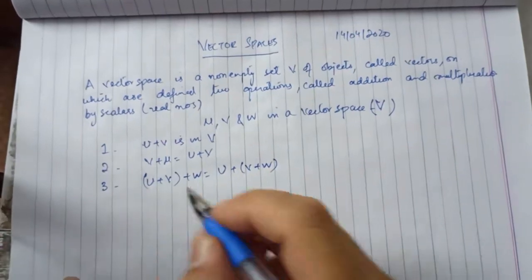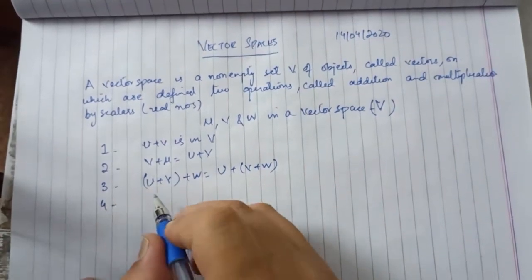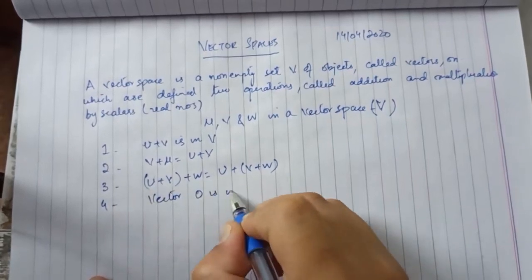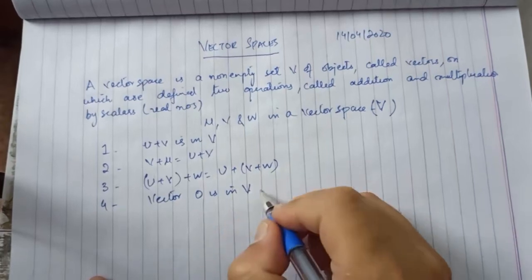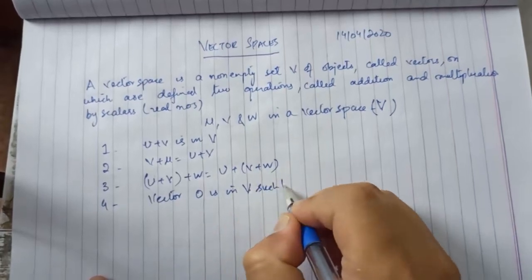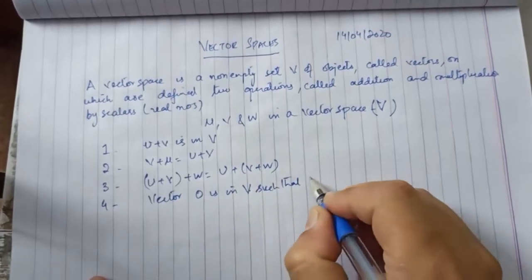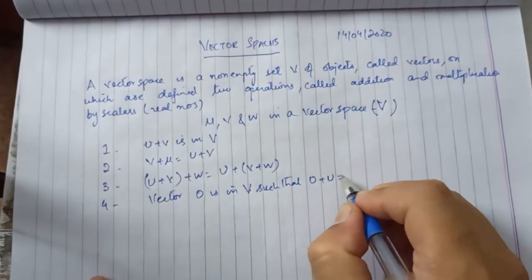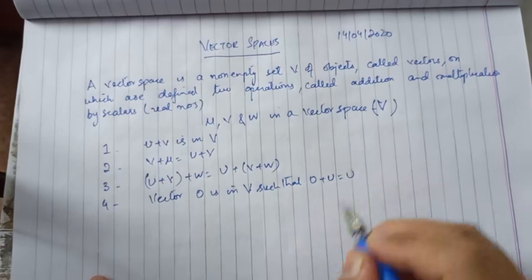Now the fourth property is that the zero vector 0 is in V such that 0 plus u, for any vector, should be u.